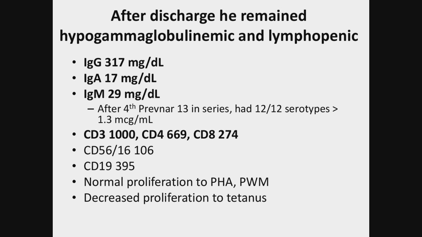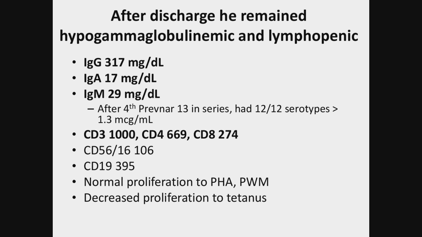At this point, a month after discharge, his total CD3 count was 1,000, CD4 669, and CD8 274. He had completed his vaccines at that point and had much better protection to Prevnar with 12 out of 12 serotypes positive, normal NK numbers, and normal CD19 numbers.